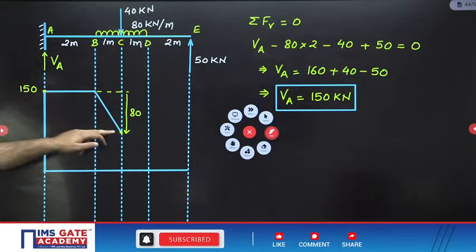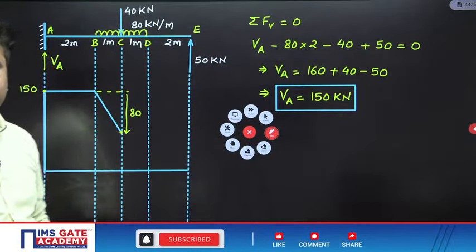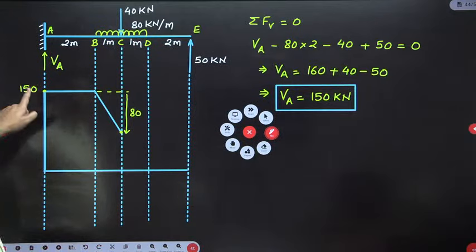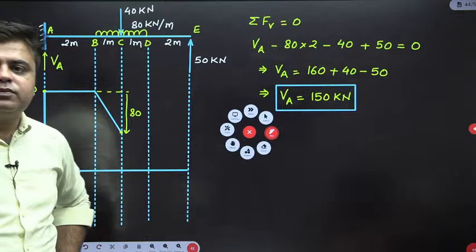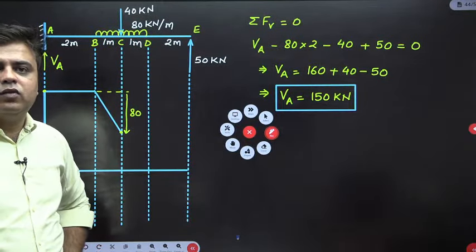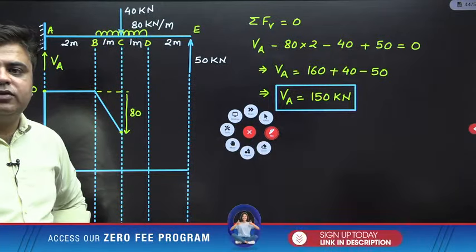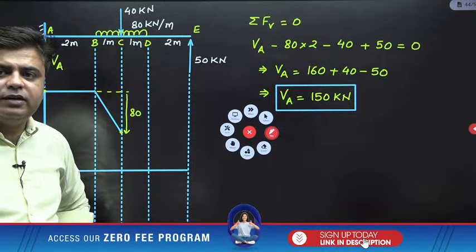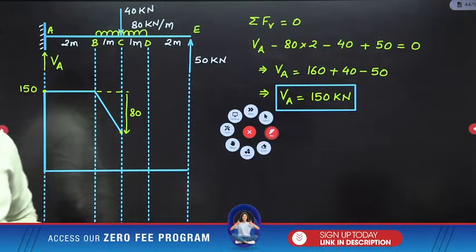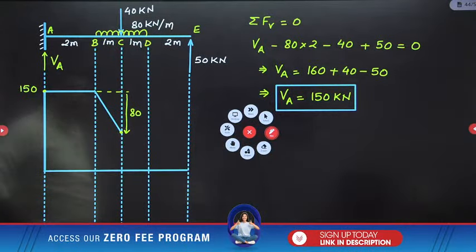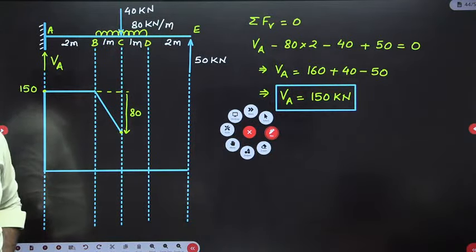What is 150 minus 80? Can you tell me? 150 minus 80 will be 70, I guess. Just check. 150 minus 80 will be 70, yes or no?